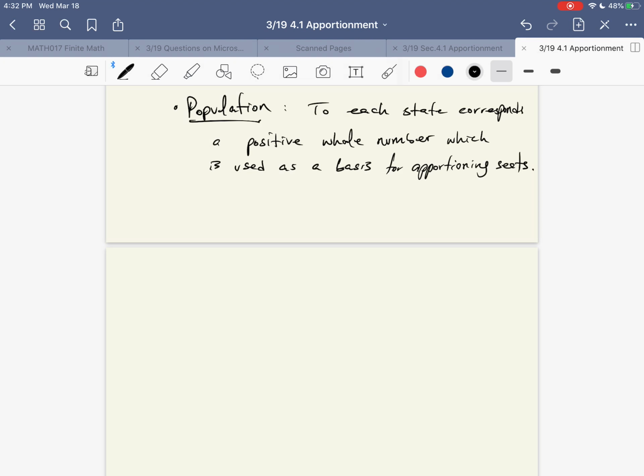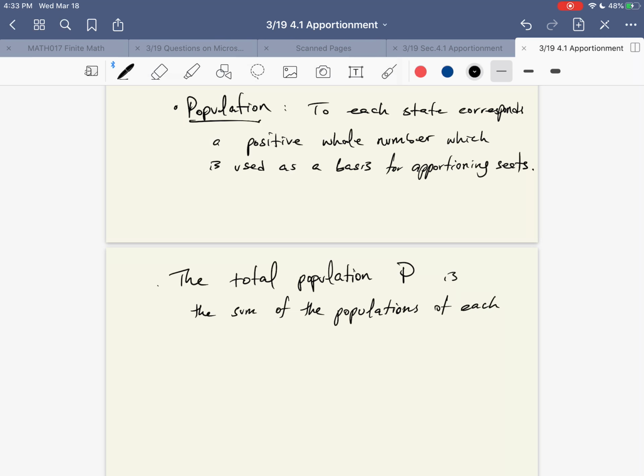So the total population P is the sum of the populations of each state. And those will be represented by a little p sub i.